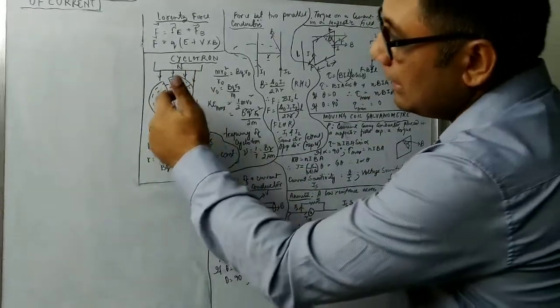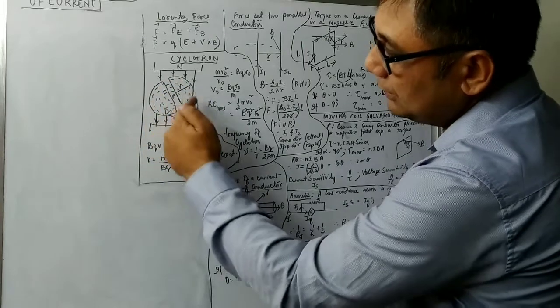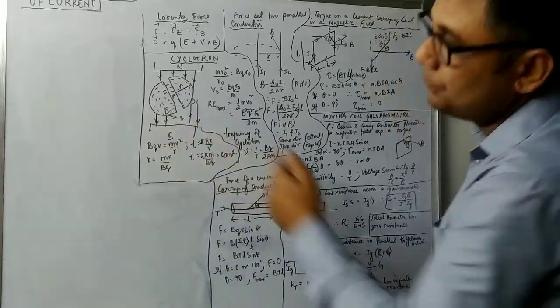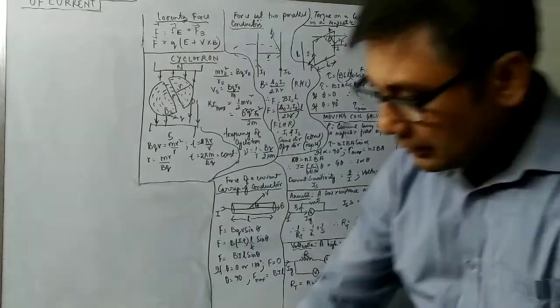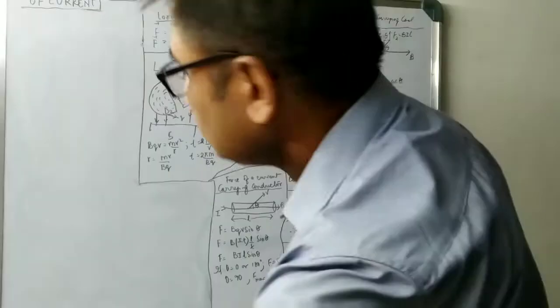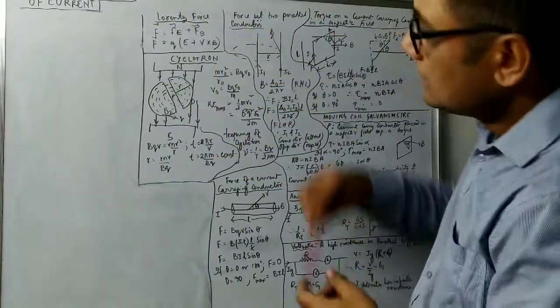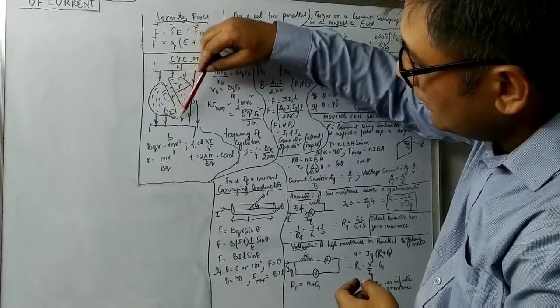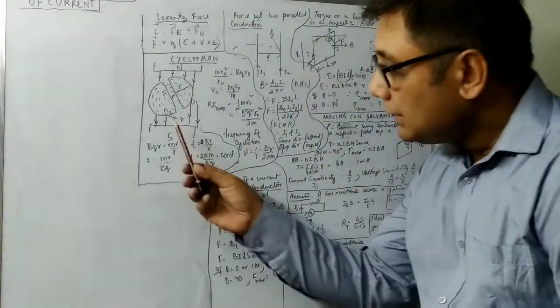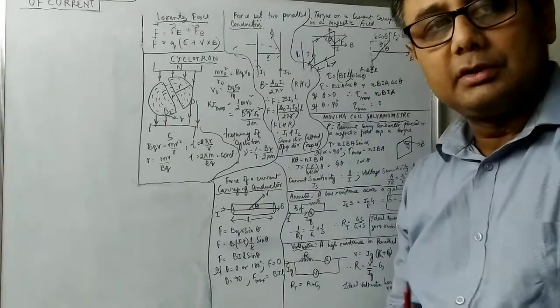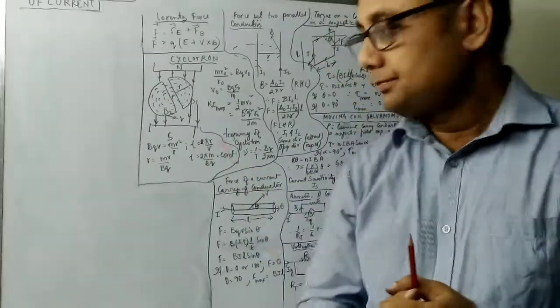So it constantly gains velocity and then ultimately comes out. You can see the charged particle is coming out from here, Q. It comes out with the maximum velocity, V0.